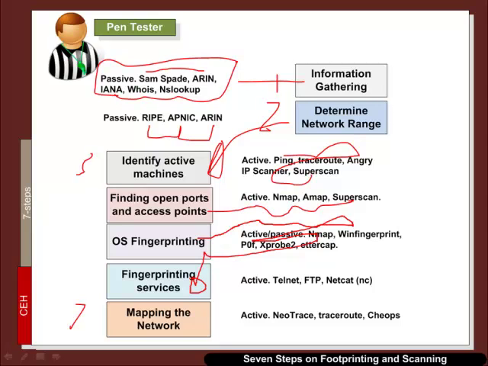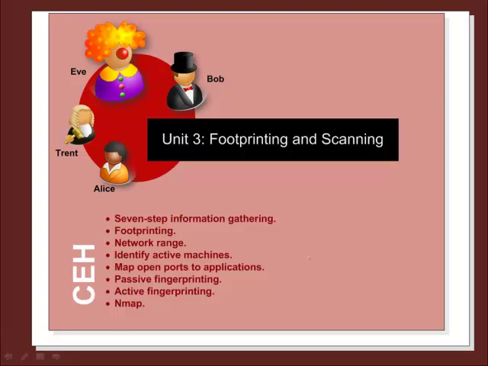On to fingerprinting the services through Telnet, FTP, Netcat, and so on. Then finally we can map the network through NeoTrace, traceroute, and CheOps. Okay, so that's provided a basic introduction to Unit 3 through the 7-step process.